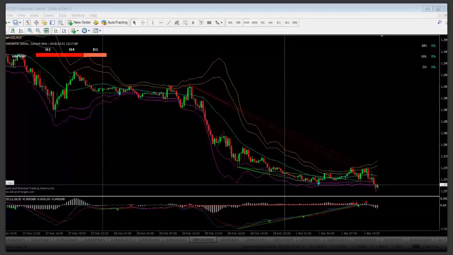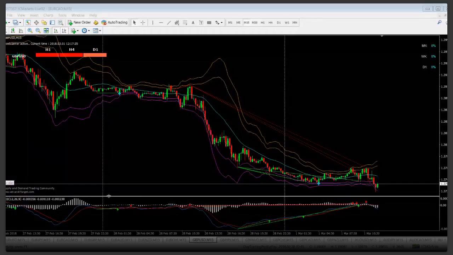Our pound CAD trade is about 12 pips out at the minute, but it's popping up nicely. British pound, Swiss franc. Again, I don't really like trading those Swiss franc pairs.